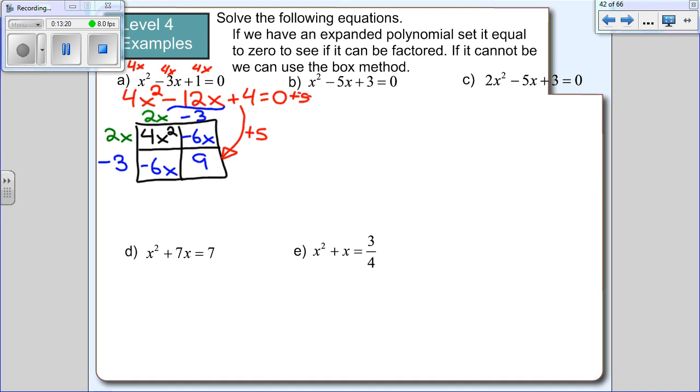That gives me 2x minus 3 squared equals 5. Any questions?